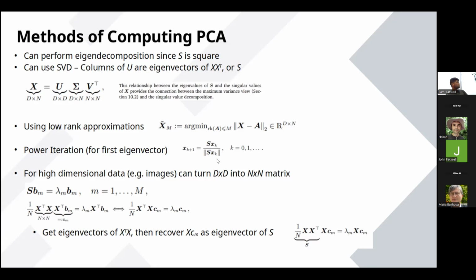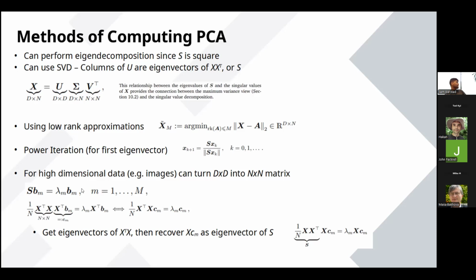Is it minimize or maximize? I think you minimize. This one kind of makes sense because you're minimizing how much this changes. That should make sense because you're looking for the vector that doesn't change under this transformation. So you want that to minimize, right?